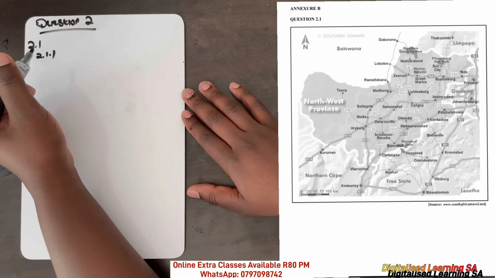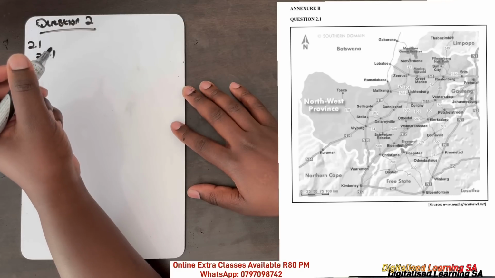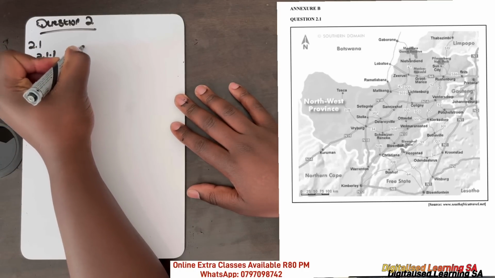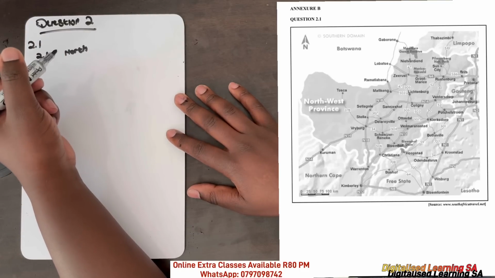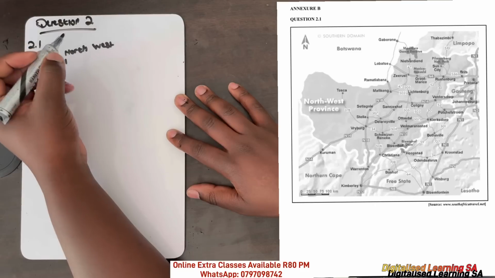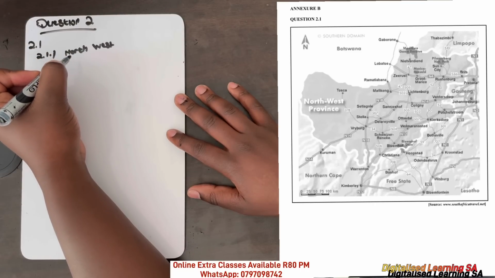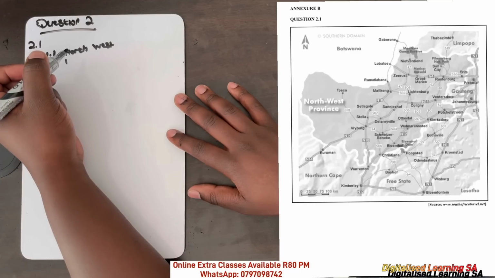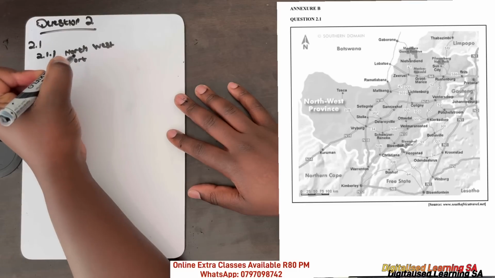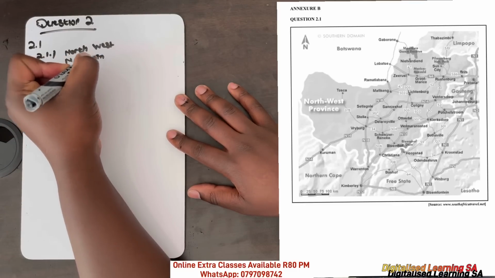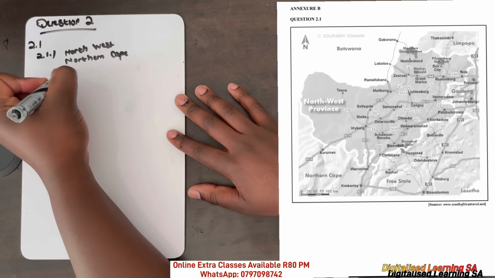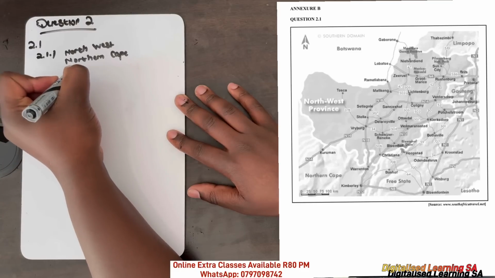If we look at the map, on our far left we have Northwest, and then if we move south, we will see Northern Cape, and then we can also see Free State, which is east of Northern Cape.